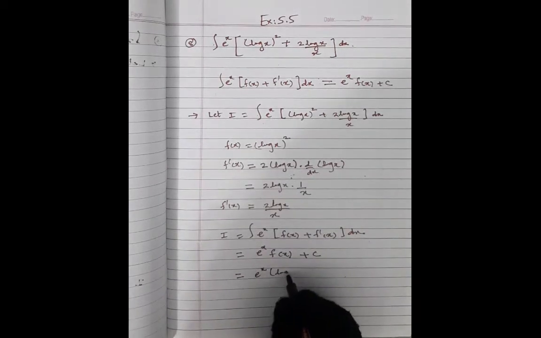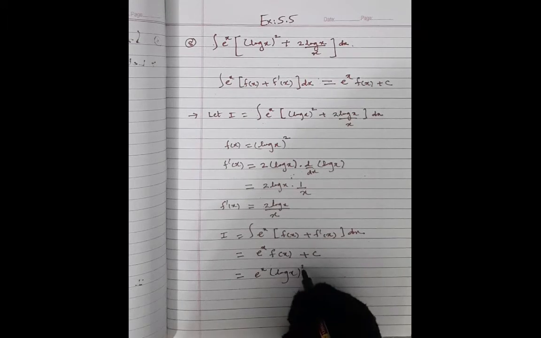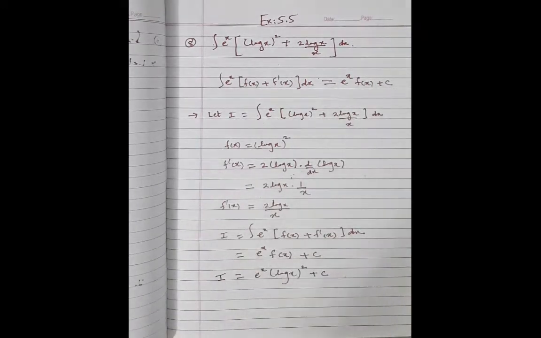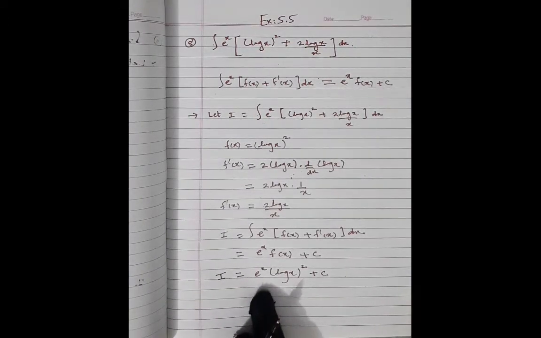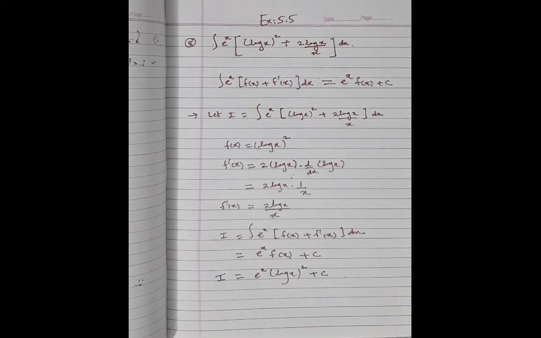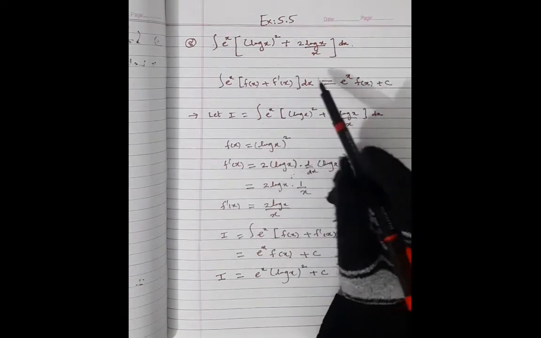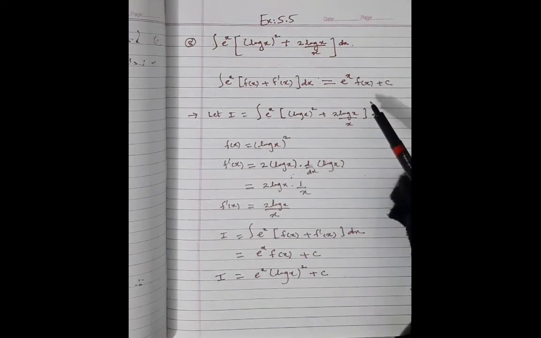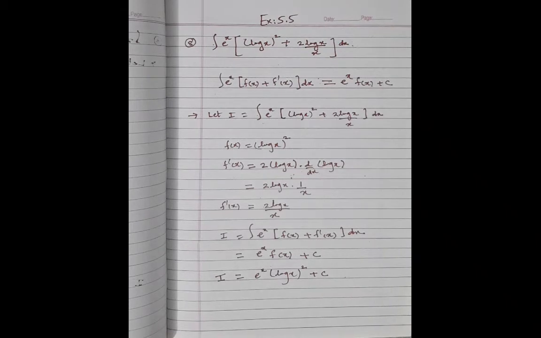So I is equal to e raised to x into log x the whole square plus c. This integration is based on the type e raised to x into f of x plus f dashed x into dx, and our integration is e raised to x into f of x plus c.